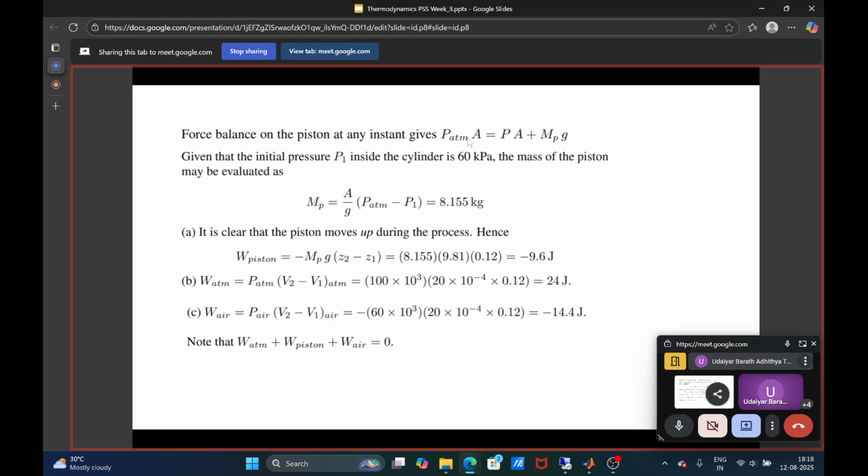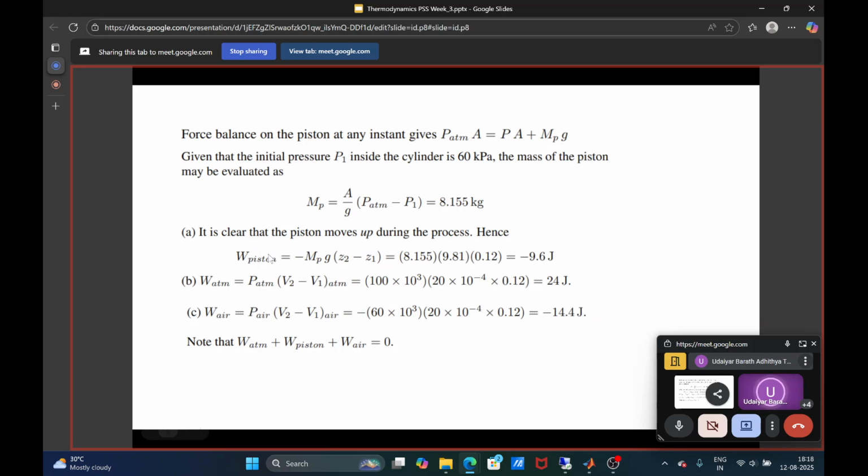So the work done by air is pressure times delta V, which is minus 60 times 10 power 3 times the same change in volume, giving minus 14.4 joules.